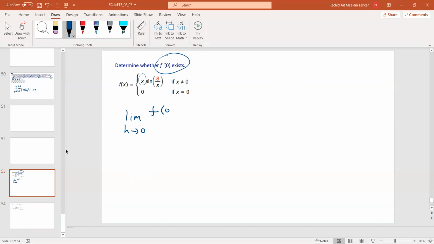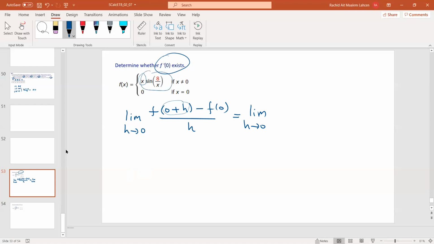We set it up as we've been doing in these examples. The first point is f of 0 plus h minus f of 0, over h. So the limit as h approaches 0, and now you use the first piece, which is just h. You see this 0 plus h is just h.